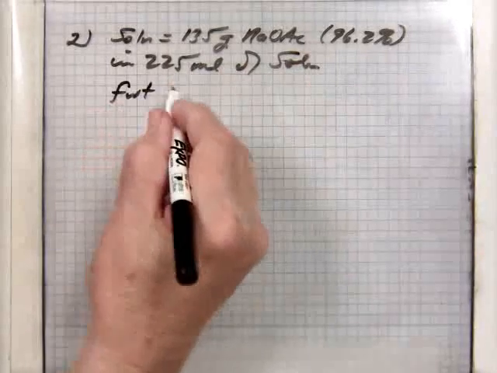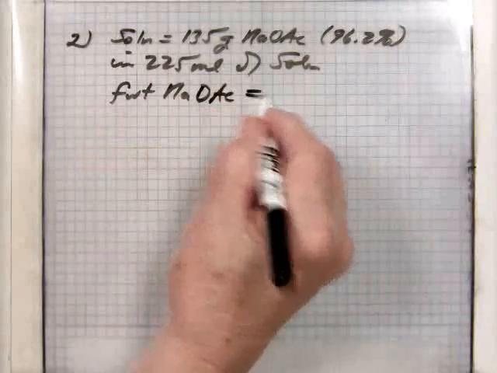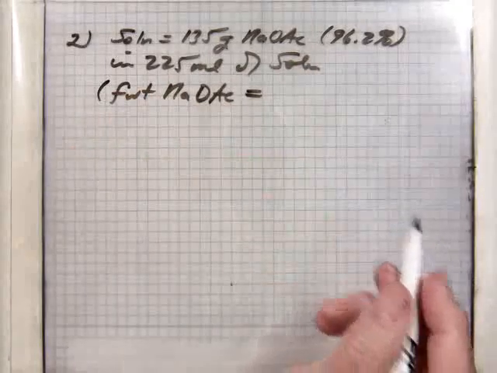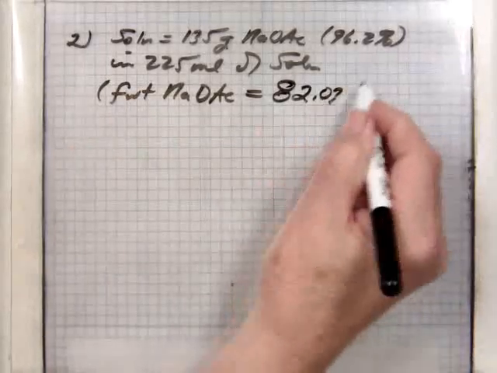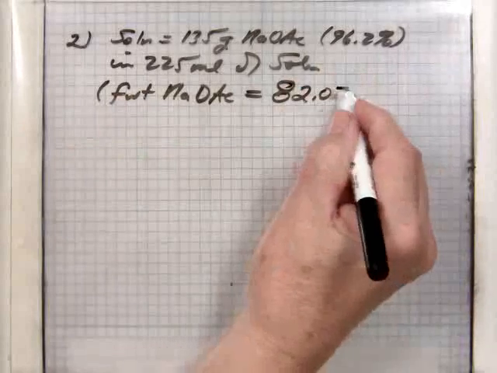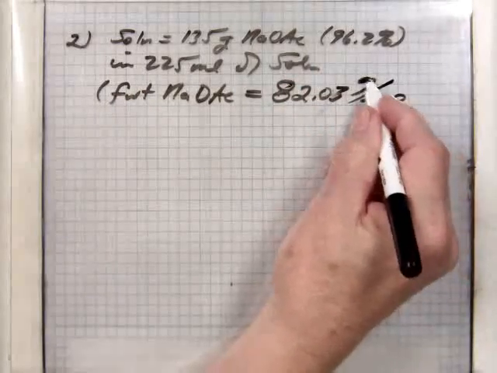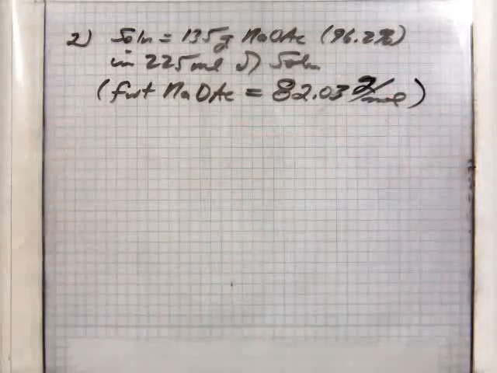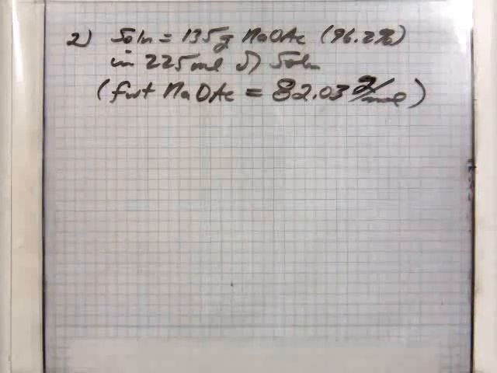Formula weight of sodium acetate, 82.03 per mole. So it's the same kind of problem. How much would you transfer into the mixing container and dilute up to 225?